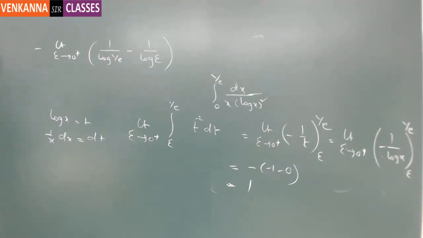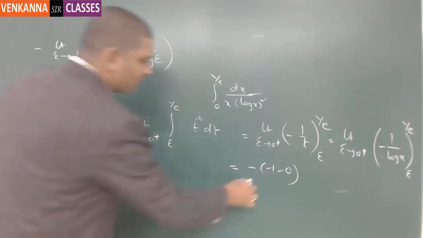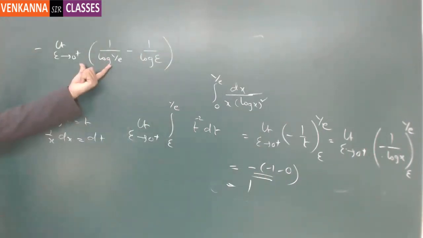And how do you simplify this part? Log of 1 by e. Log 1 minus log e you have done, isn't it? Log 1 minus log e. So that -1 you will get here. Yes. So minus of -1 you will get for this part.